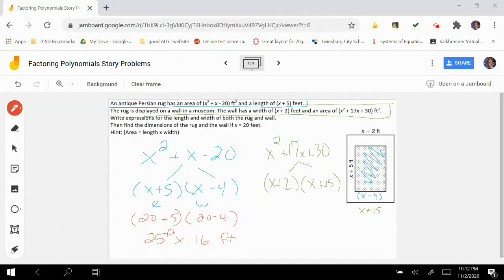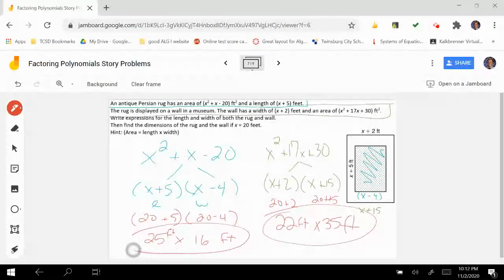And then over here, we're going to plug in 20 plus 2, and we're going to get 22 feet by 35 feet. So here are the dimensions of the wall versus the dimensions of the rug. And that makes sense because this clearly has more area than that over there. Any questions?